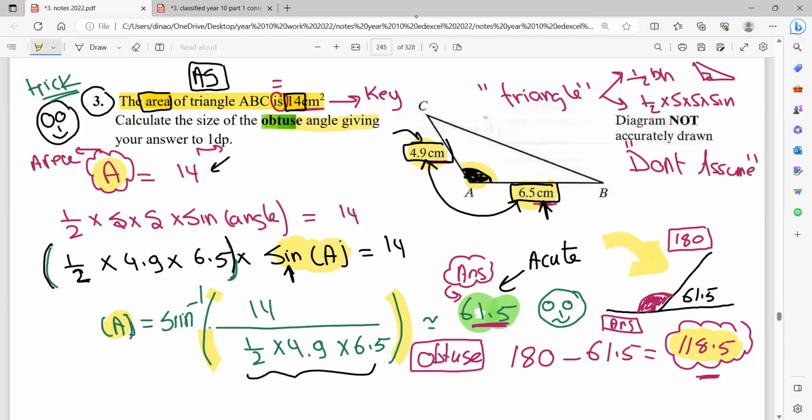Before I end this video, let's play a little game together. Sine 30 on the calculator, let's do it together. Sine 30 on the calculator is half. Now let's see what other angle will give the same sine value.